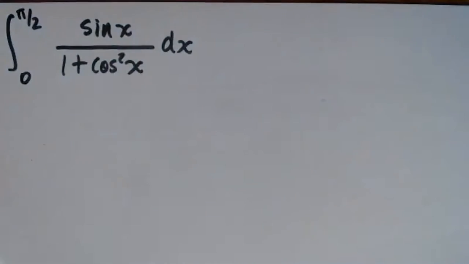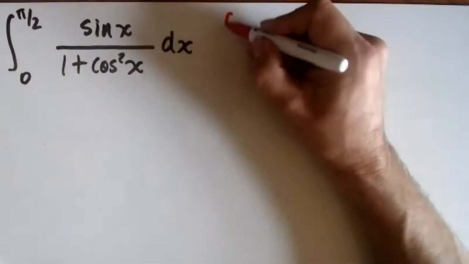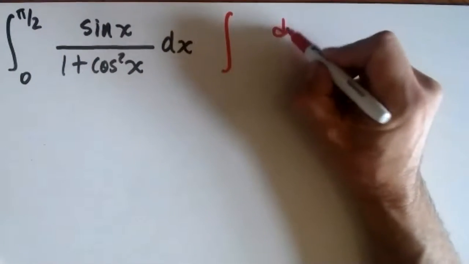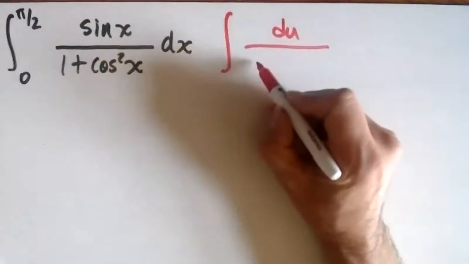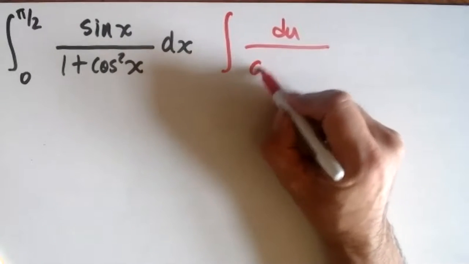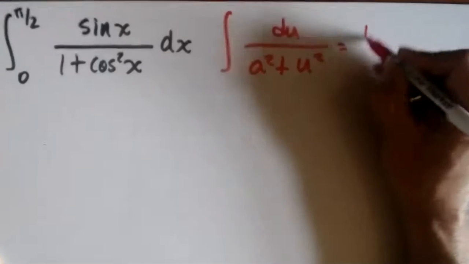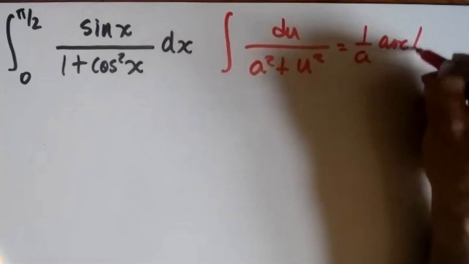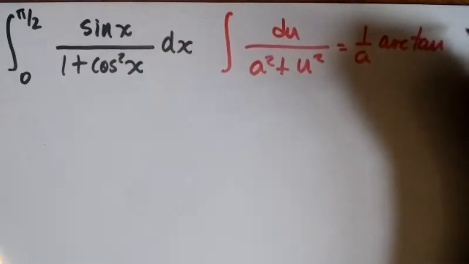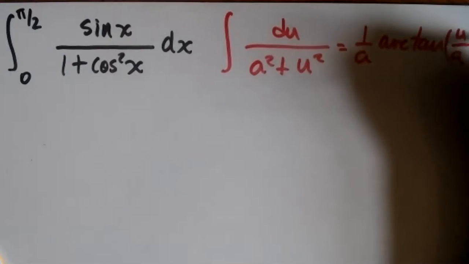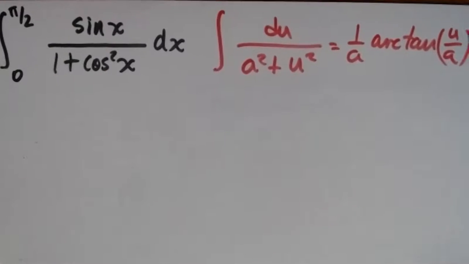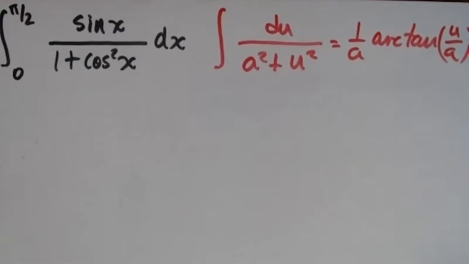So I'm going to use that one. So this is the integral of du over a squared plus u squared equals 1 over a arctangent of u over a, correct? So that is my formula to use.